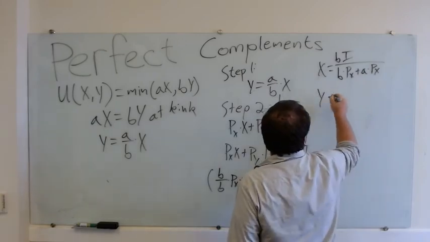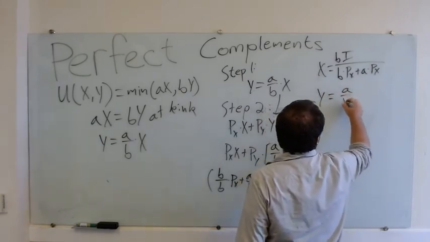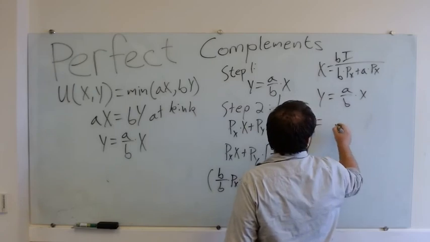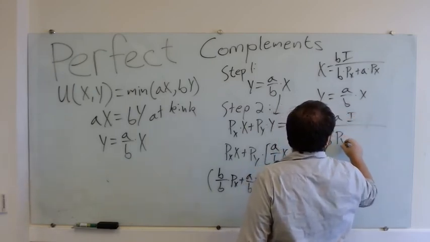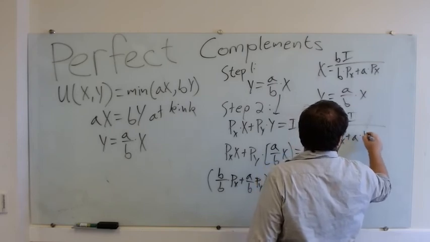And what's y? It's going to be a over b times x. So that's just going to be a times my income over b times px plus a times py.